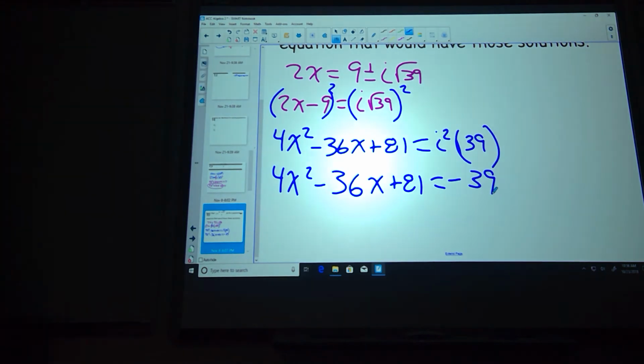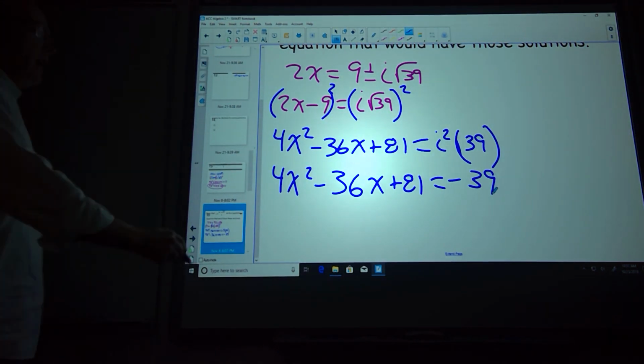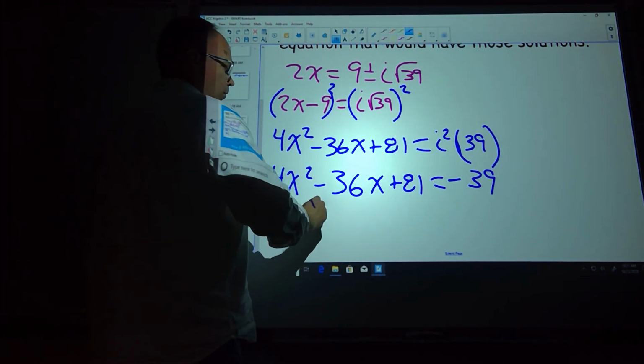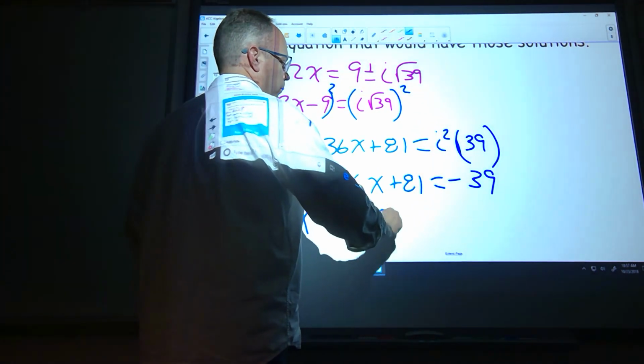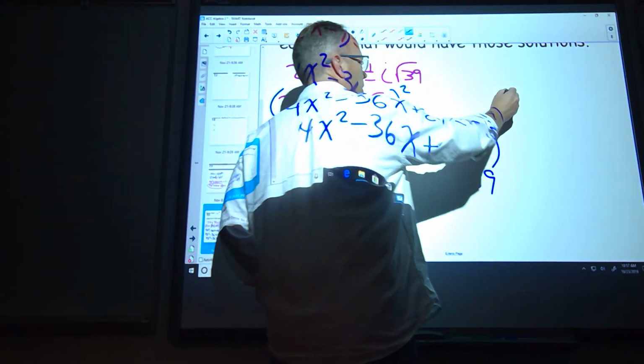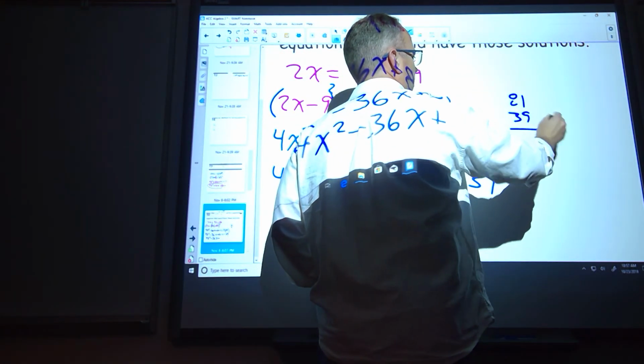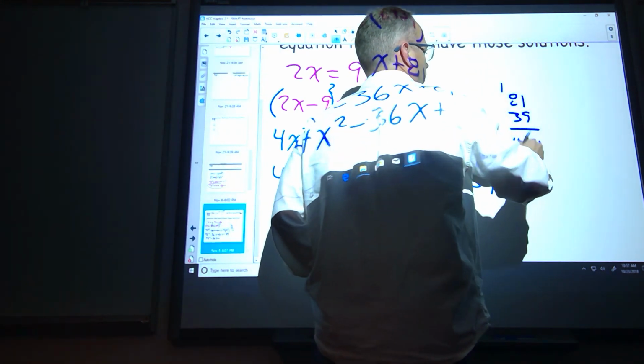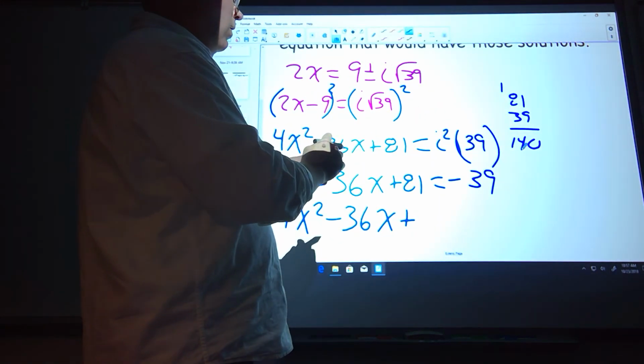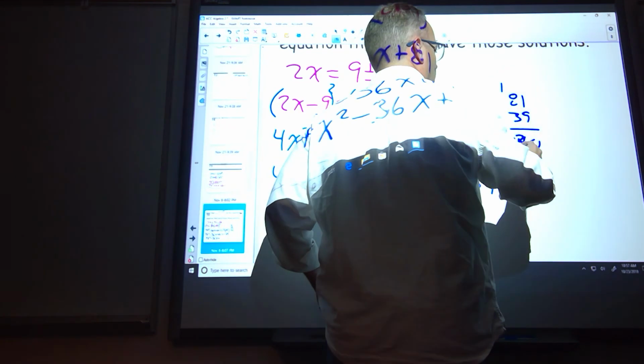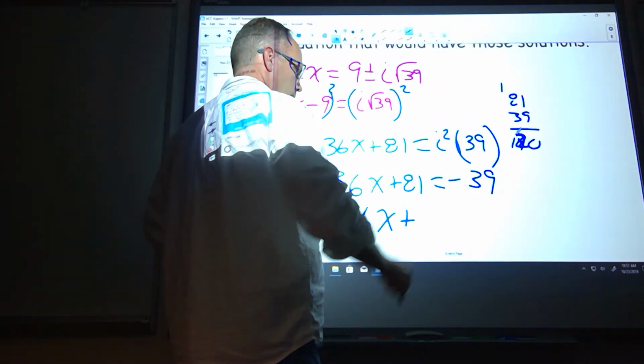Agree so far? Yep. Add 39 to both sides. Let's see, 81 and 39. I can't do it in my head. Is that 140? Is that right? 120. Right? Yep.